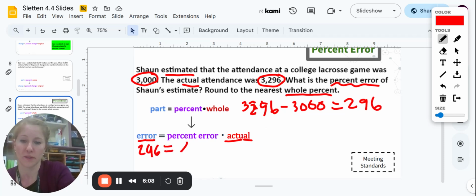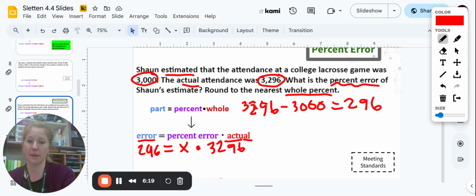And that equals the percent error, which is what we don't know. They want us to find his percent error. The actual amount at the game was 3,296. So if we want to figure out that missing x value, we would divide. It's x times 3,296, so we have to divide by 3,296.